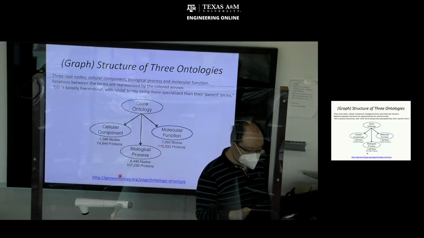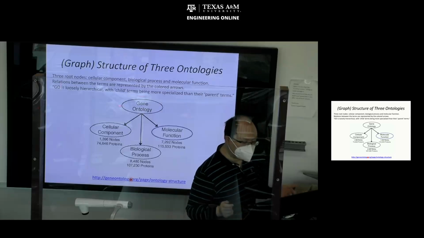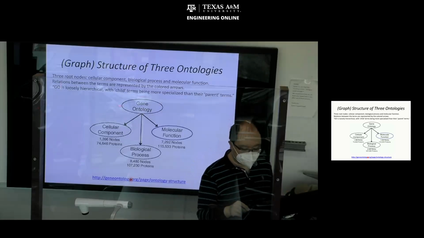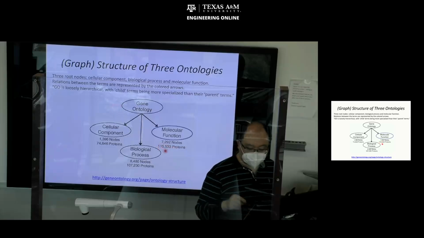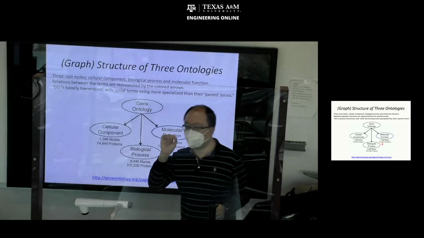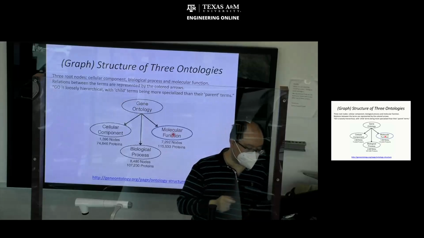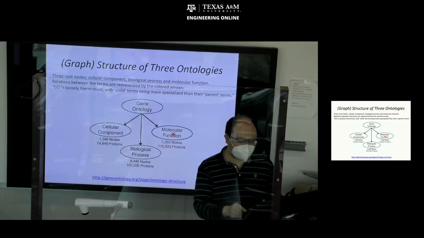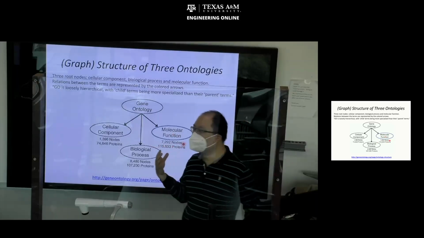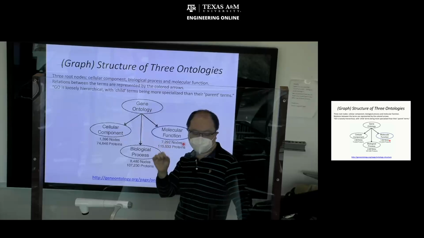This is one of the earlier versions, but you can go to geneontology.org and find that in each ontology we have a certain number of nodes, and each node is one specific molecular function, for instance, and each node may correspond to multiple proteins. In other words, multiple proteins may all reside in or share that function node.